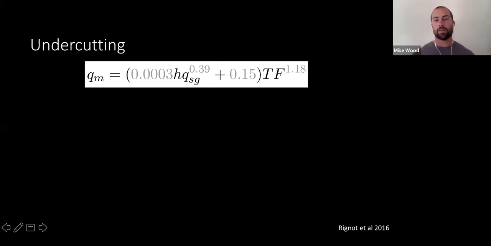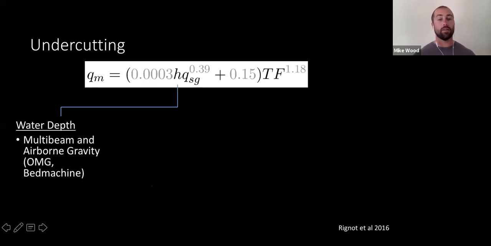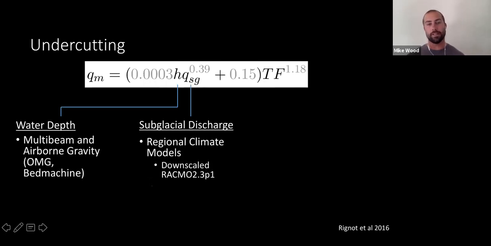So how do we calculate this? What goes into this equation? Well, the first thing is the glacier depth. This is where we see the importance of all the multi-beam and airborne gravity that we have around Greenland. So in practice, we sample Mathieu Morlighem's BedMachine map, but this really includes all the information from OMG. For subglacial discharge, we can get at that from regional climate models.